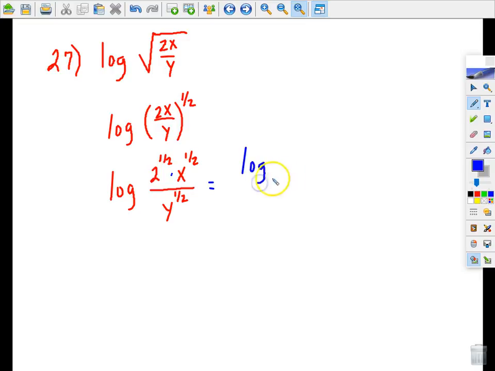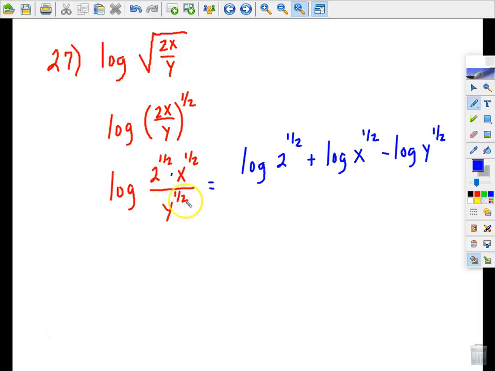Okay, log, of course it's base 10, 2 to the 1/2, plus log x to the 1/2, and then I see division, and I expand wherever division is using subtraction, log y to the 1/2. Okay, that is both the product property in the numerator and the quotient property to take care of this division.